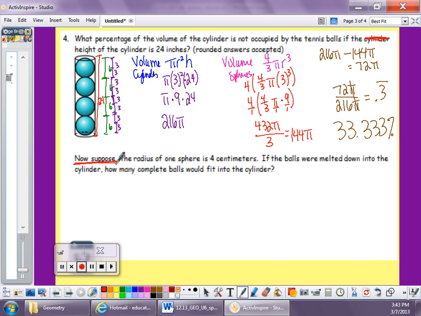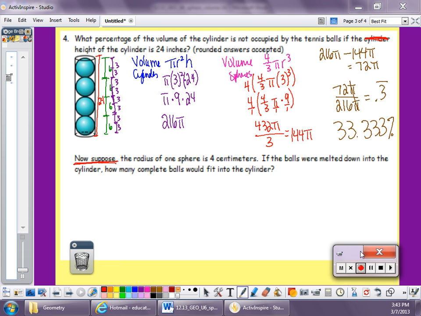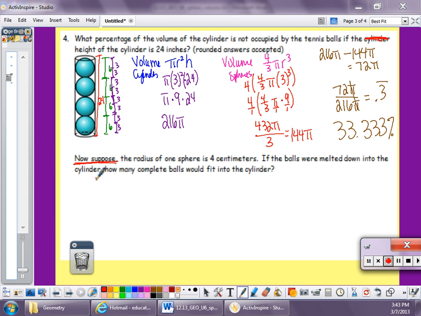Now suppose the radius of one sphere is 4. If the balls were melted down into the cylinder, how many complete balls would fit into the cylinder? So once again, I need the volume of the cylinder, which is pi r squared h.